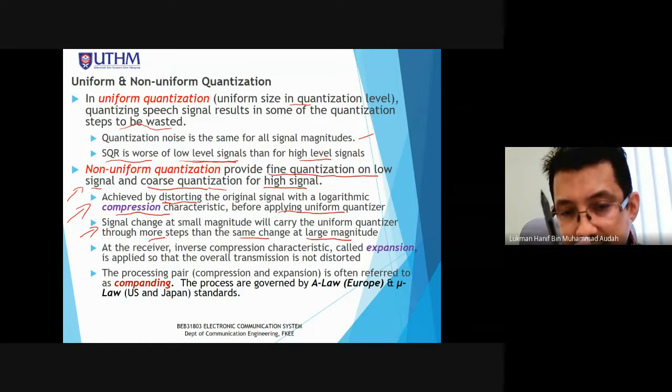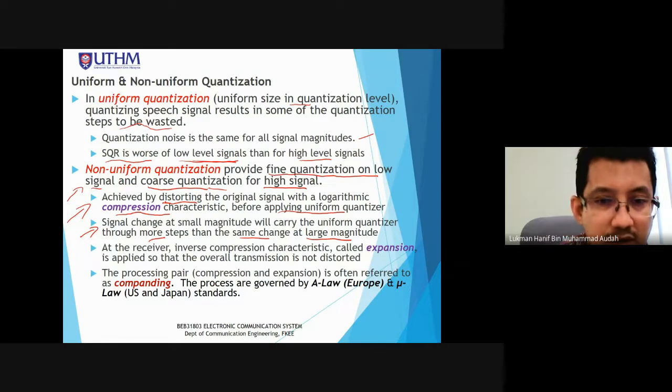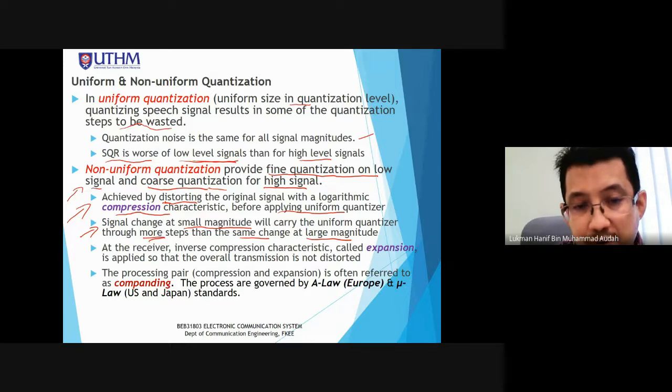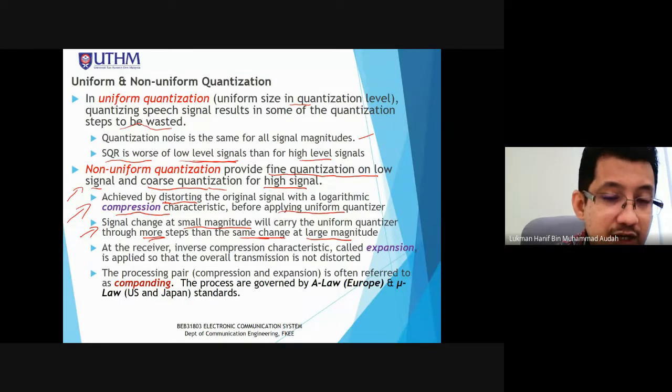Perubahan magnitude yang kecil akan menghasilkan lebih banyak steps berbanding dengan perubahan pada large magnitude of input. Ini tadilah yang strong dengan weak signal tadi.